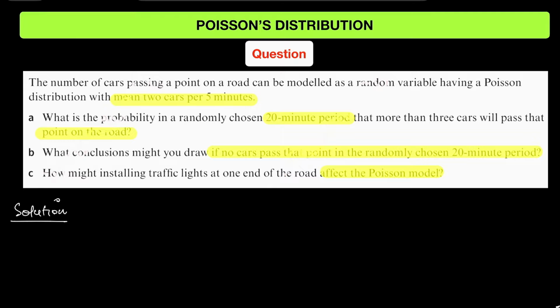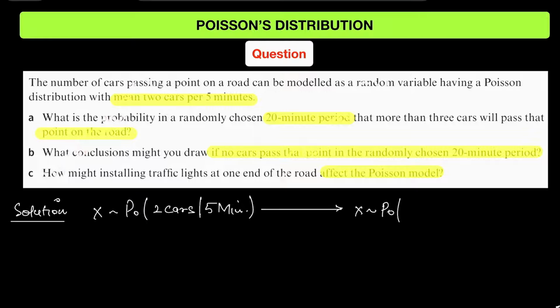Now in this question, first of all, the data says that x follows Poisson distribution with mean as 2 cars in every 5-minute interval. So more precisely, I can write it as x follows Poisson with mean as 2. In part A, the question is asking for the probability in a randomly chosen 20-minute period.